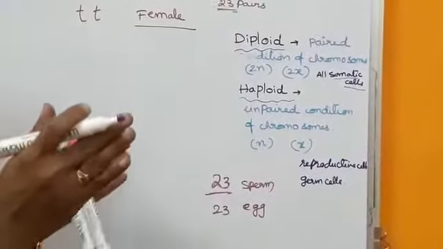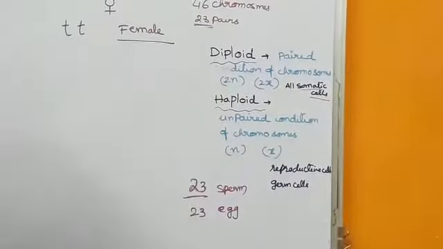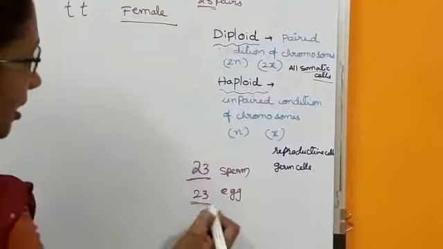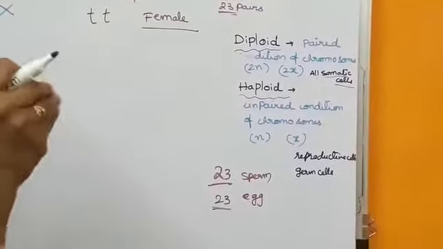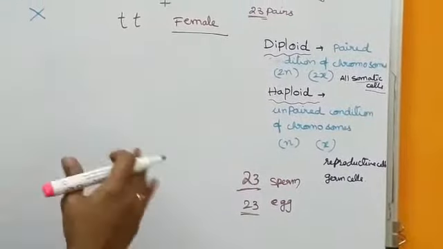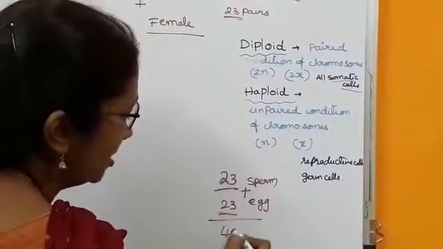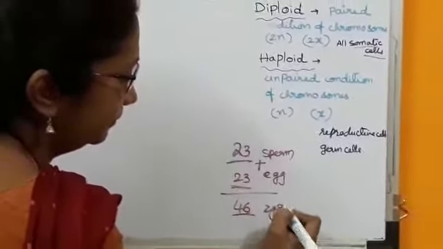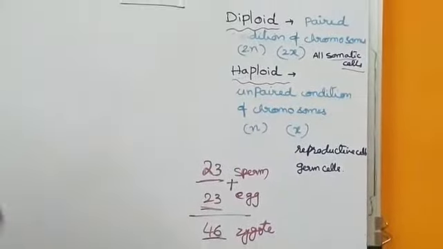The paired condition became unpaired, meiosis took place and these cells formed. This is the haploid condition. Then this haploid and this haploid fuse and a 46-chromosome zygote will form. You know this very well; simply I am explaining once again.